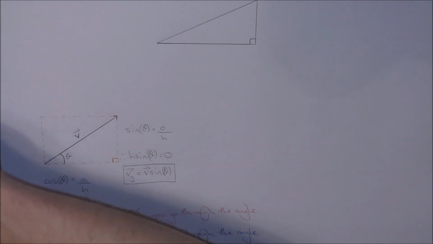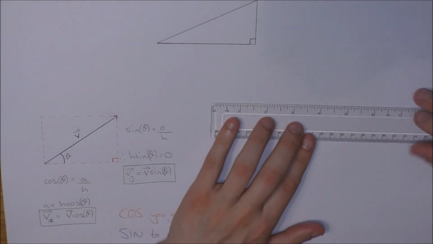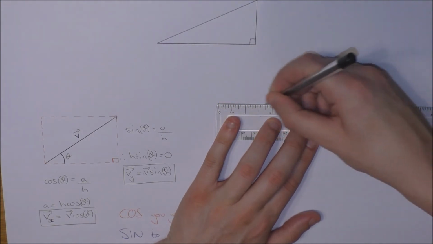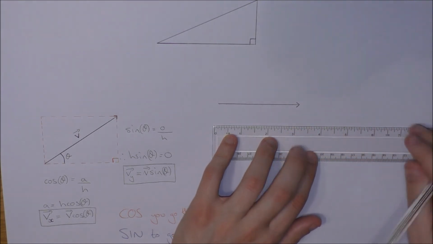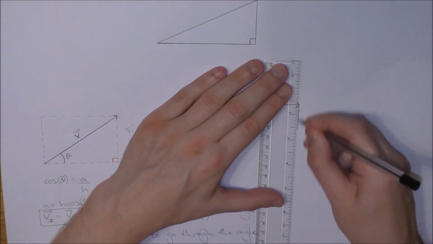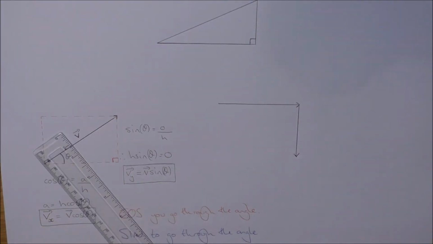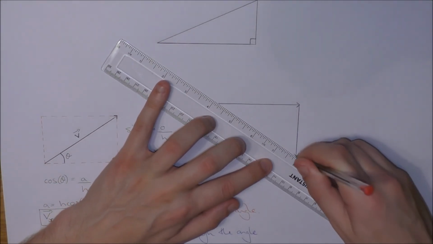The other thing that we can do, I'm going to link it back just one more time. If I know what the horizontal velocity is, and I also know, or I can work out, what the vertical velocity is, I can find the original vector.